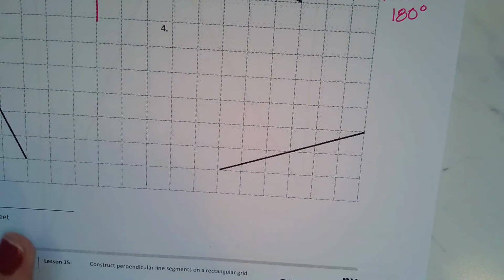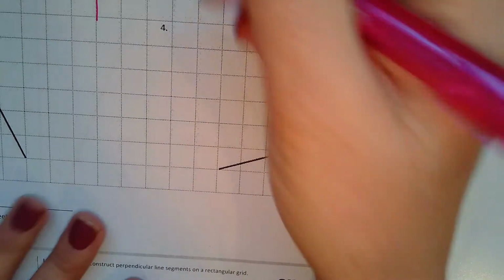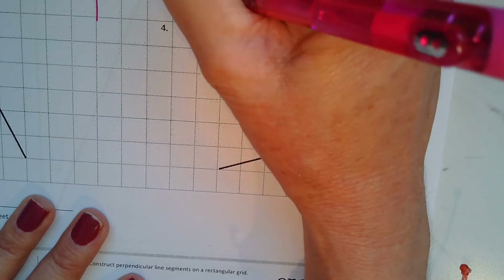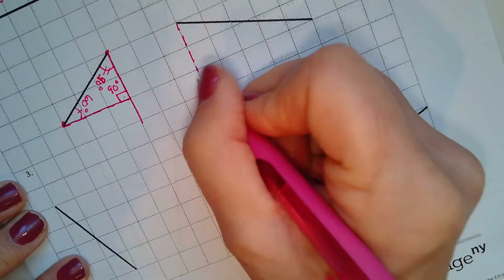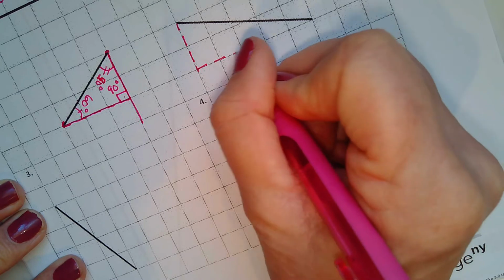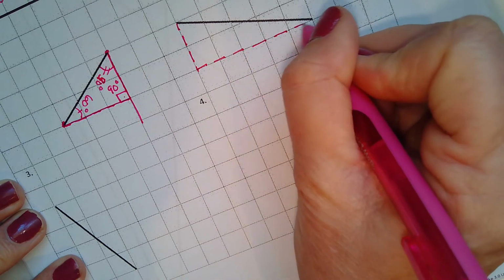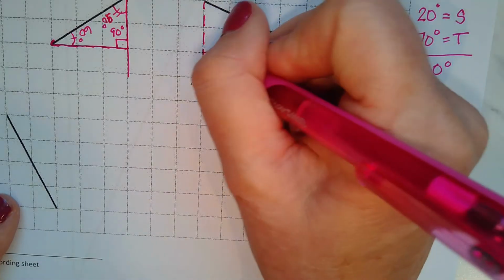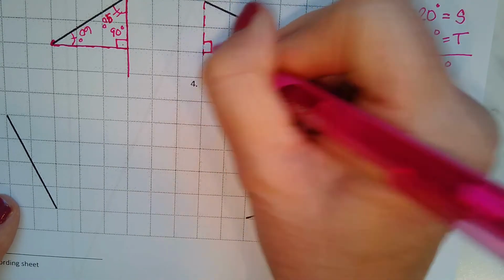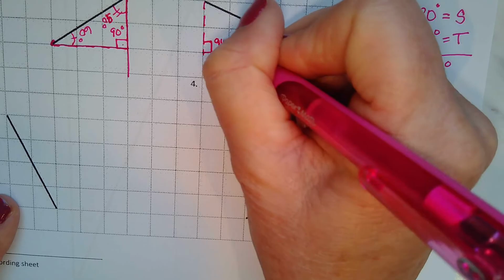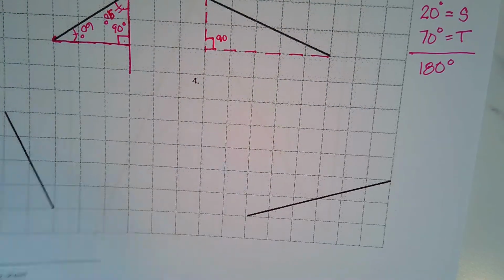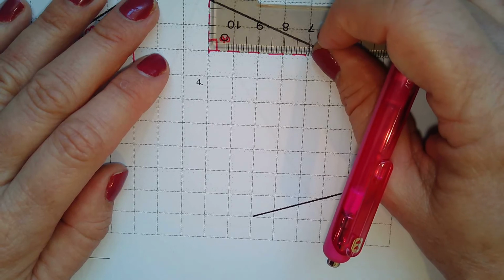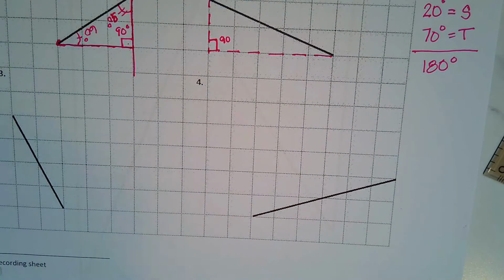All right, let's try problem 2. Let's try to create a triangle in here. All right, so what angle does this create? That's 90 degrees. We can use our set square to make sure we have a nice straight line, to make sure it's 90 degrees.